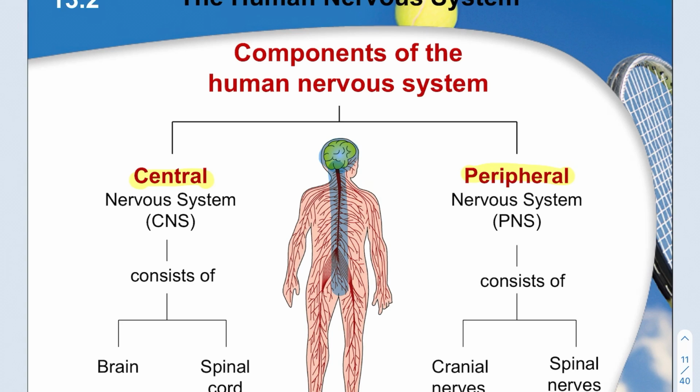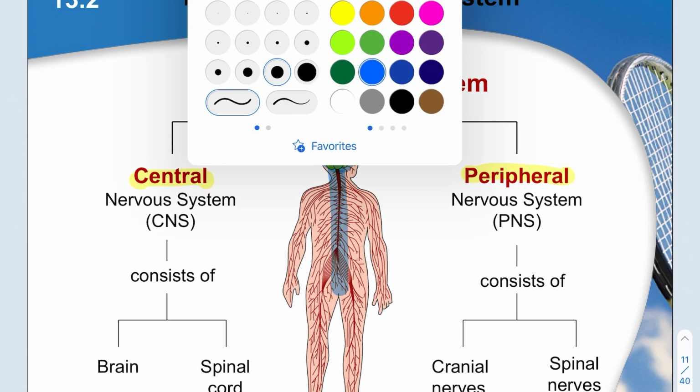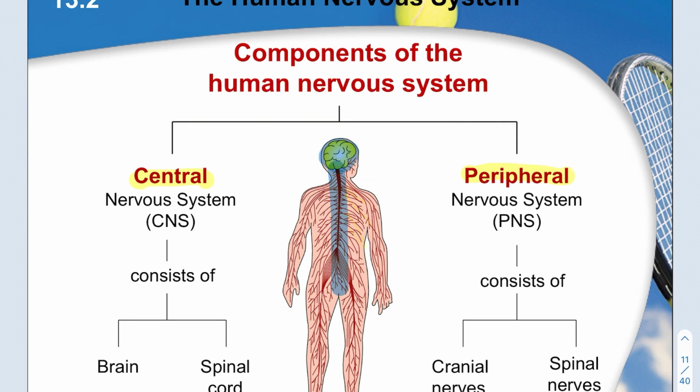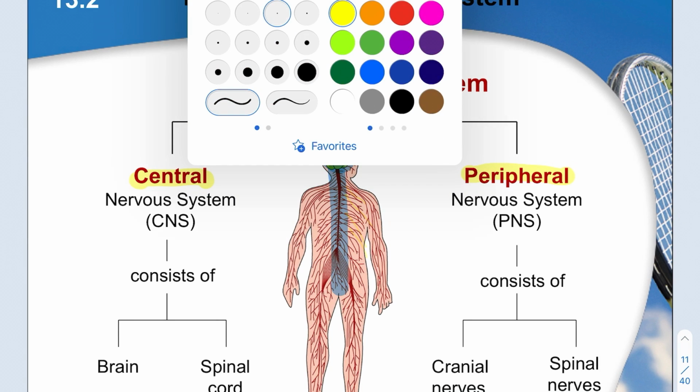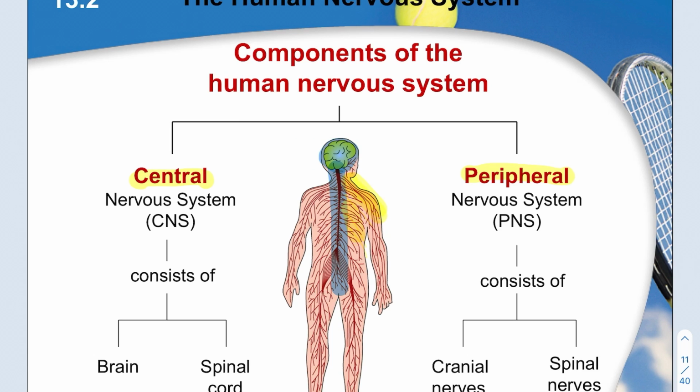Peripheral, you can imagine the word as branching out. So what we can see are all the different branches of the nervous system radiating away from the central nervous system. They are your peripheral nervous system.